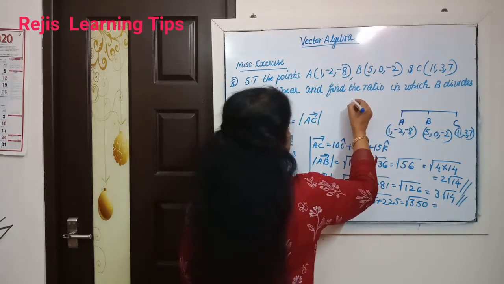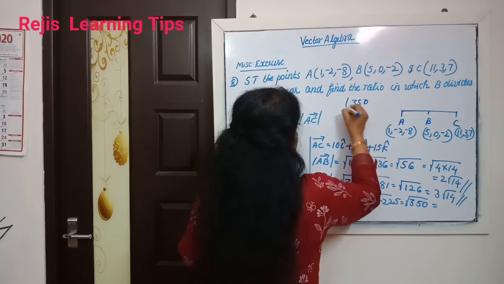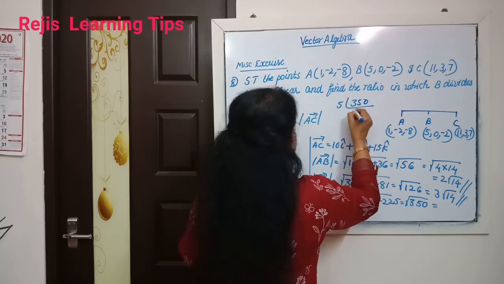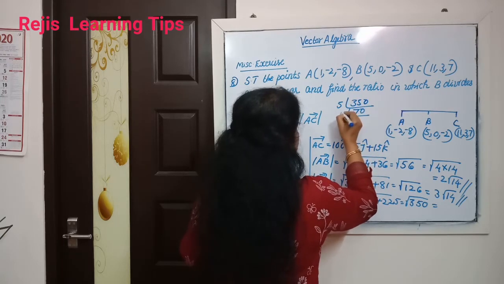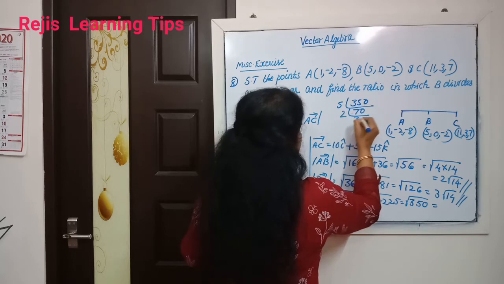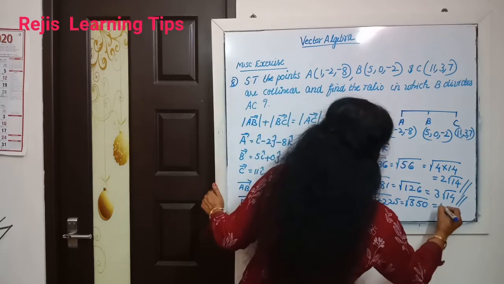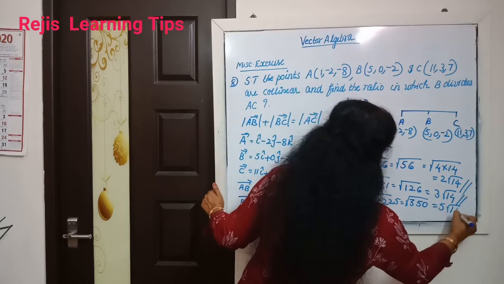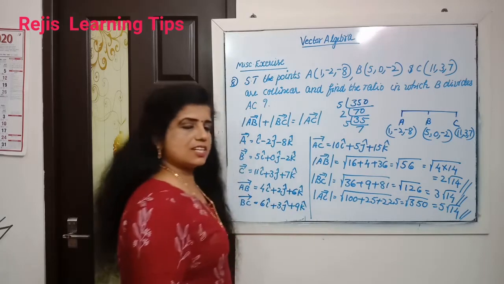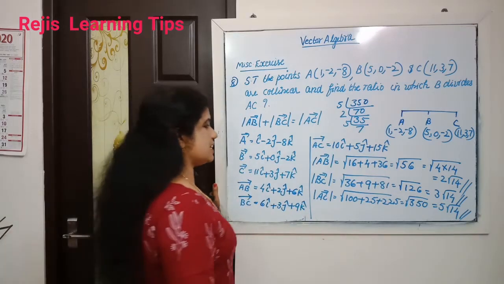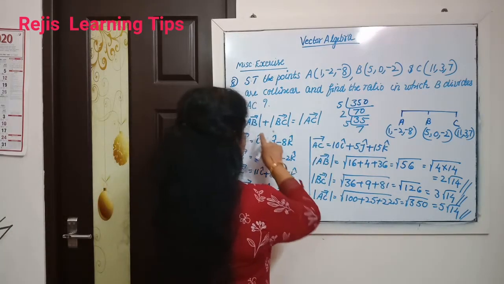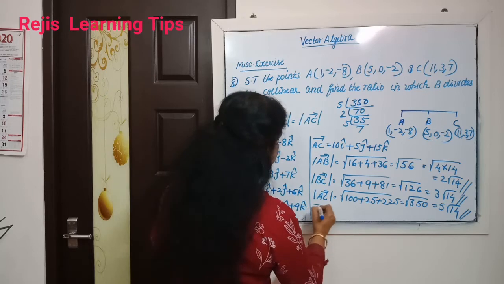We can factorize 350: 5, 70, then 2, 35, then 5, 7. Then we will get 5 root 14. Am I correct?